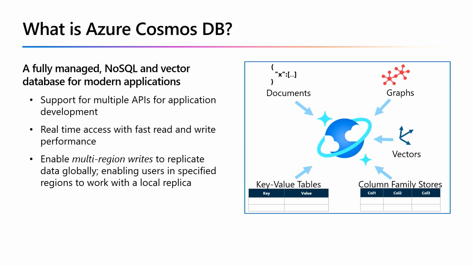This global distribution ensures that users across the world can access their data through local replicas, creating a smooth, low-latency experience no matter where they are. Azure Cosmos DB frees your organization from the constraints of traditional databases and opens up a world of possibilities for data storage, management, and accessibility.